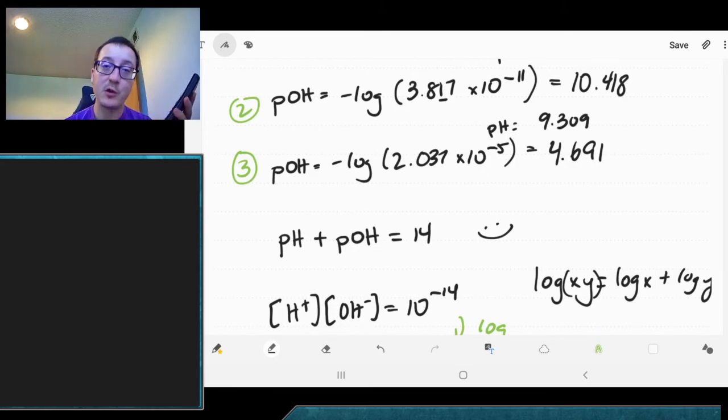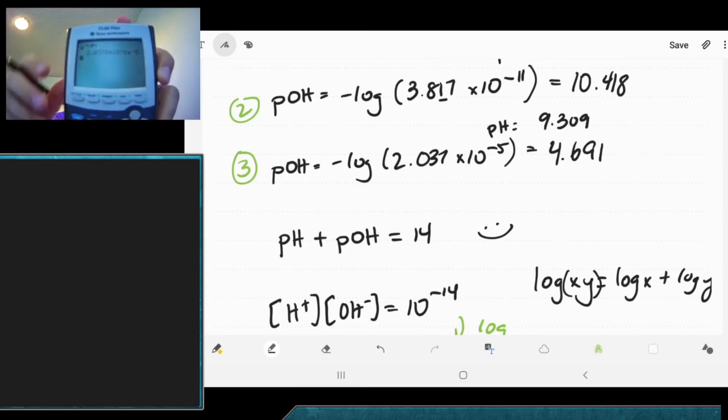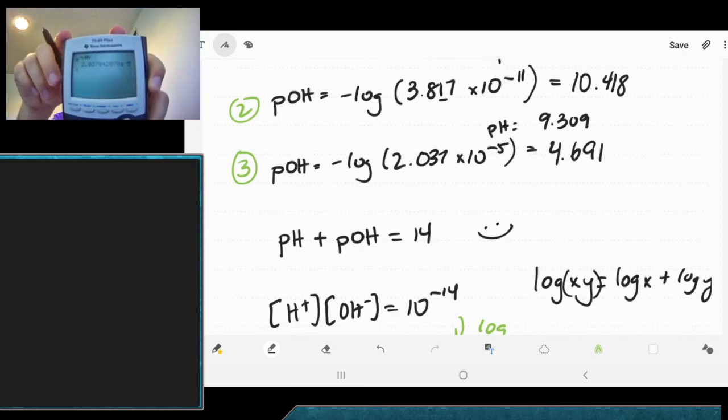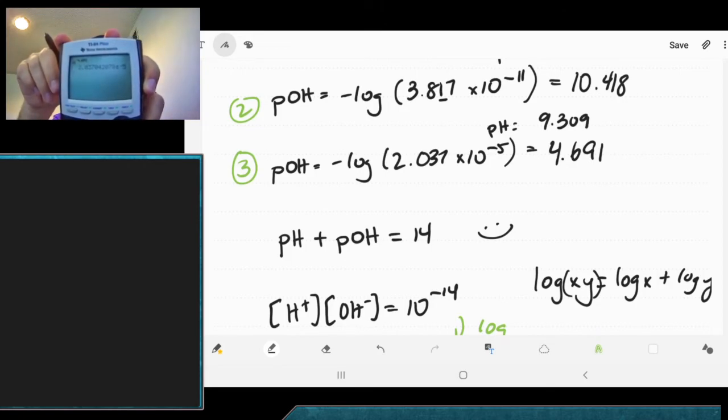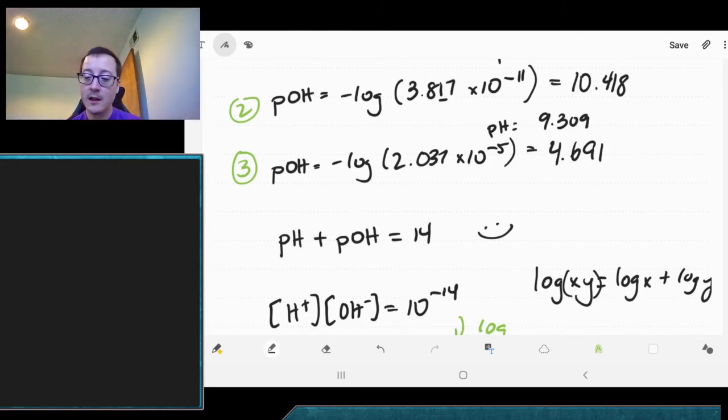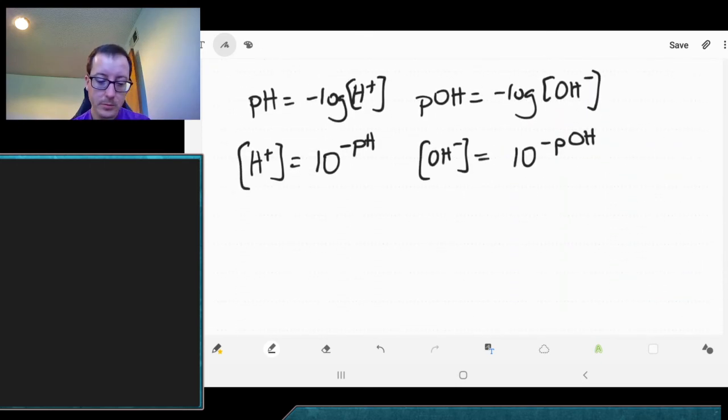If my pOH was 4.691, I'm going to put negative 4.691. What I get out is 2.037 times 10 to the negative 5. Notice that's in fact what we had put in beforehand. So we do get the value out again if we do the opposite function. So lucky us, we can go back and forth.